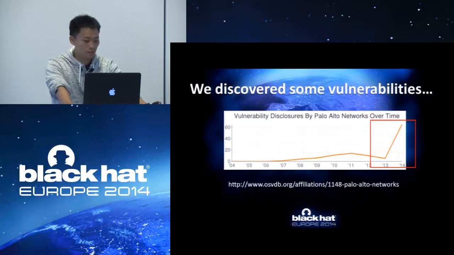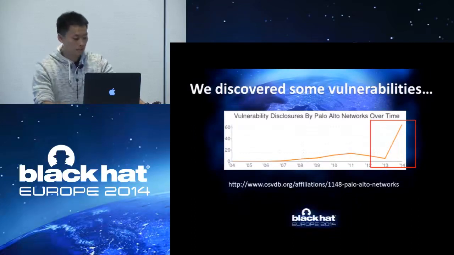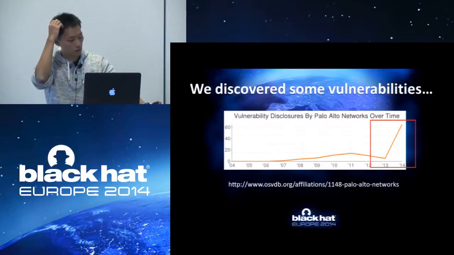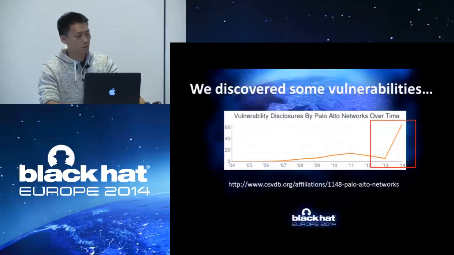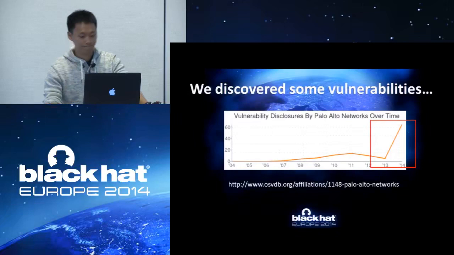In the very beginning, we thought if the CVE number could reach dozens, we would be very happy. But in the end, it reaches over 70, like a basketball game score. So we are very excited. Today, we would like to share the fuzzing strategy we used and how we did it in detail.